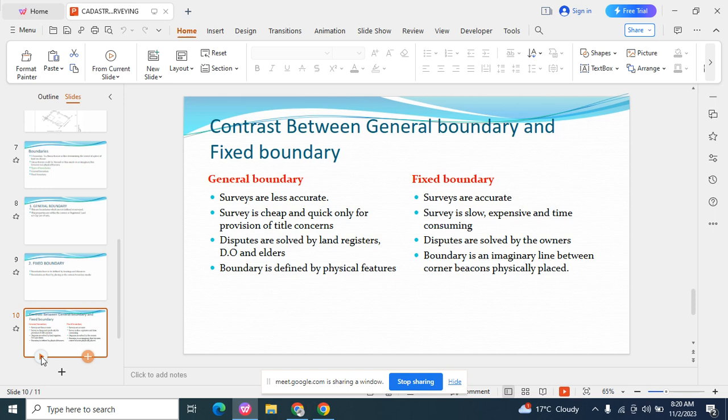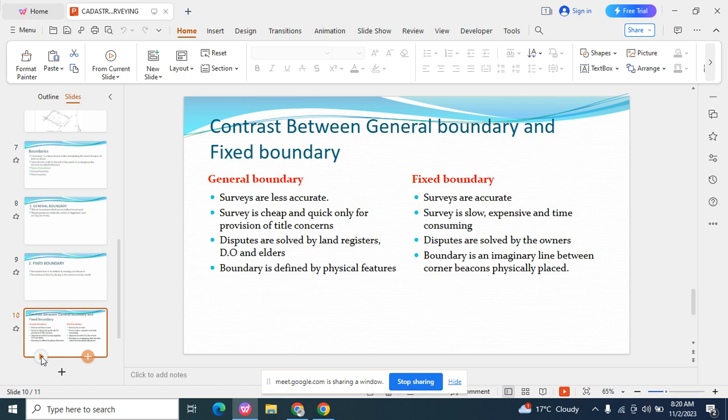In fixed boundary, surveys are accurate because you are using the distance and bearings when taking the coordinates. Survey is cheap in general boundary and quick, only for provision of title. In fixed boundary, survey is slow, expensive and time consuming. In general boundary, disputes are solved by land registrars, DEOs or elders.